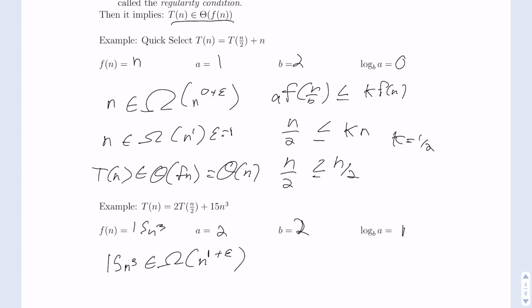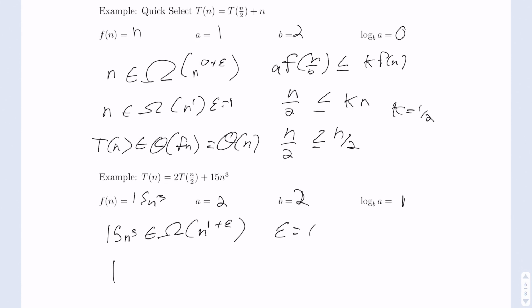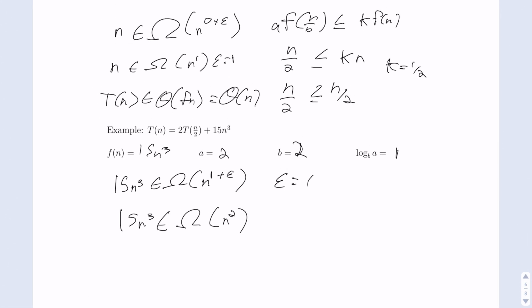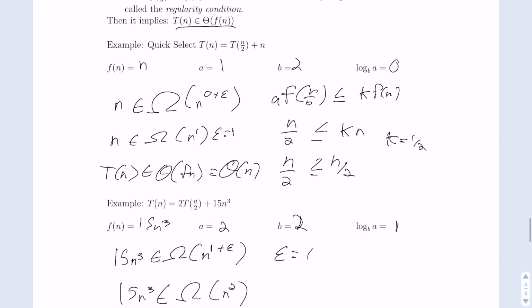Right, so I can pick any epsilon essentially greater than 0 and less than 2. So we can just let our epsilon equal 1. And then we have our 15n cubed is going to be in omega of n squared. That's good. Now we want to check a regularity condition.